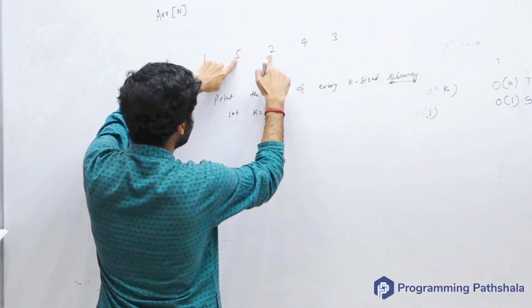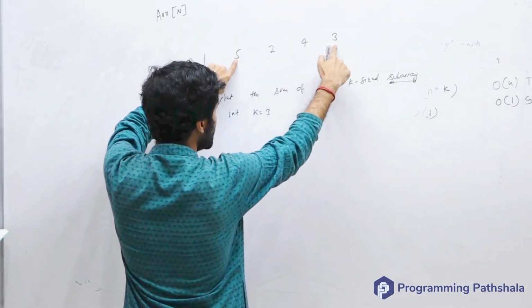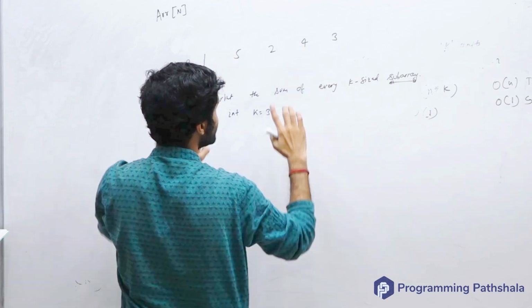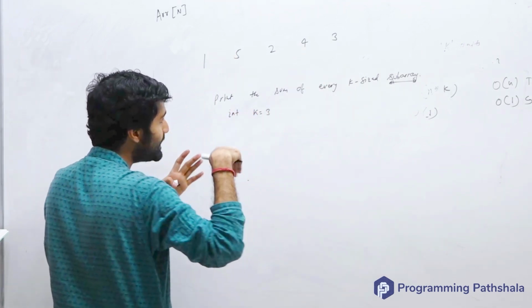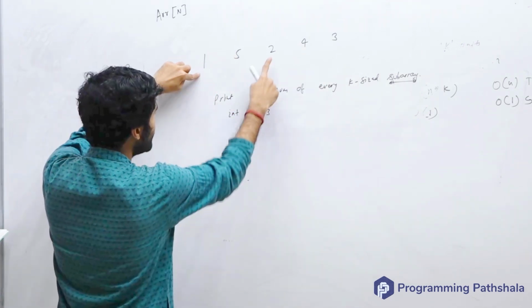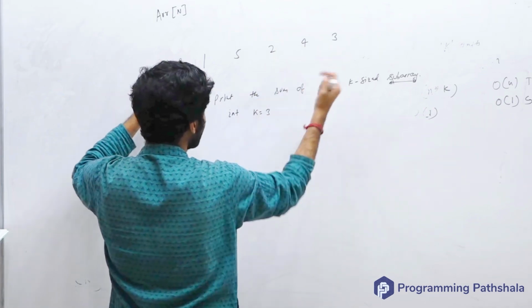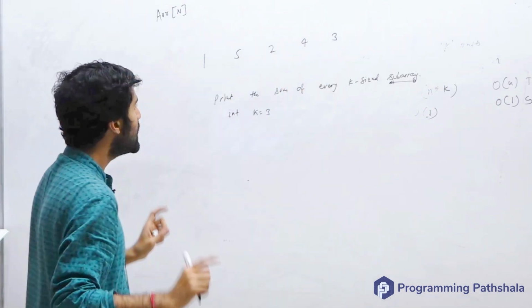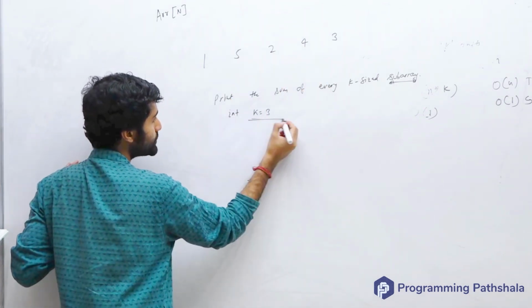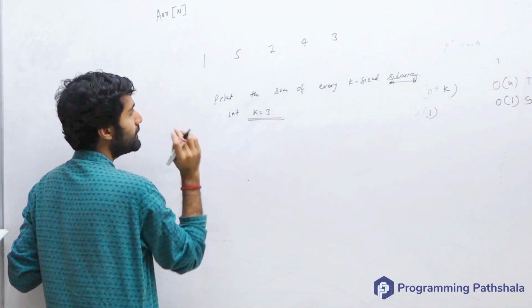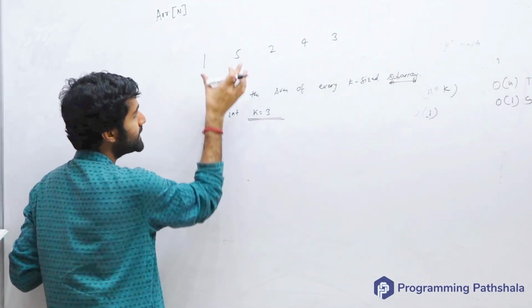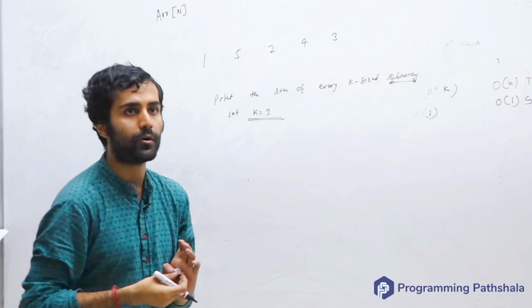But is 5, 2, 3 a subarray? No, because 4 was missing. So subsequence can be non-contiguous. Subsequence can be 1, 2, 1, 2, 3, anything. But subarray has to be contiguous. So you will be given integer k, and for every subarray of size 3, you will have to print the sum of that.